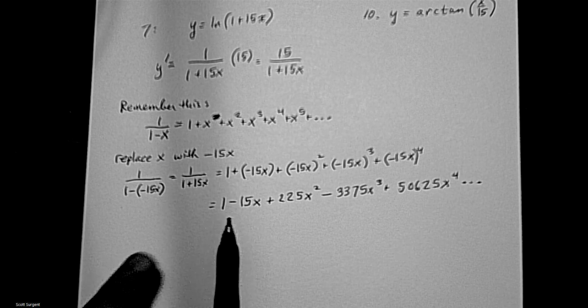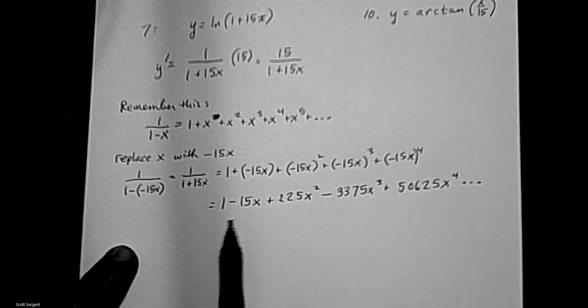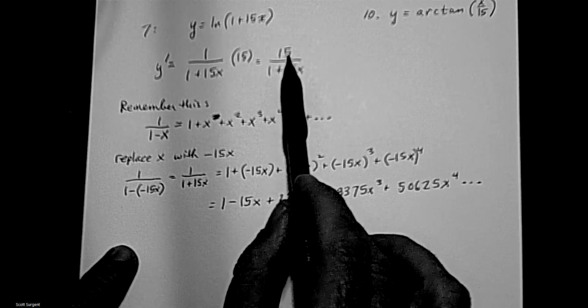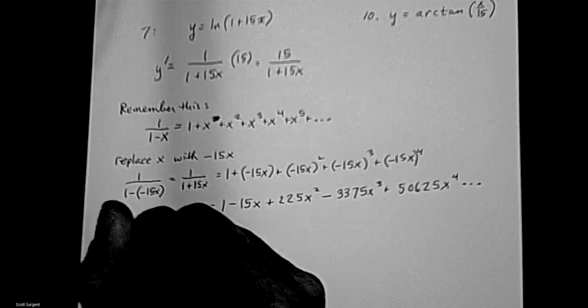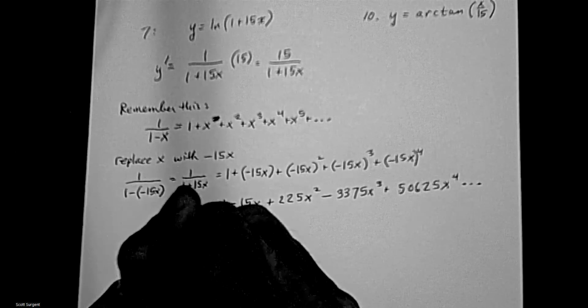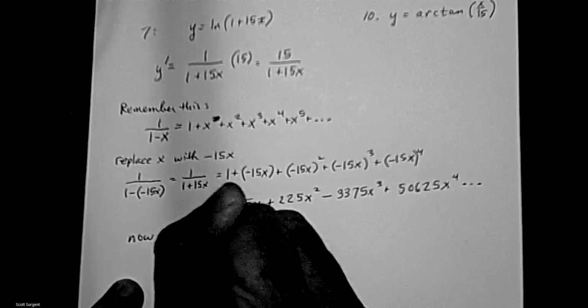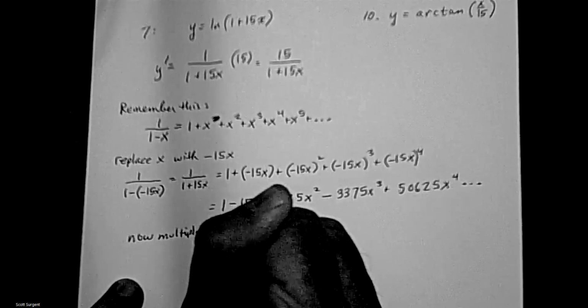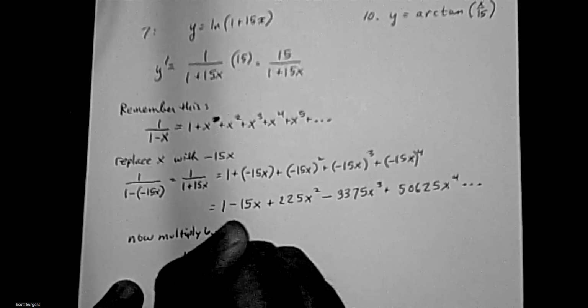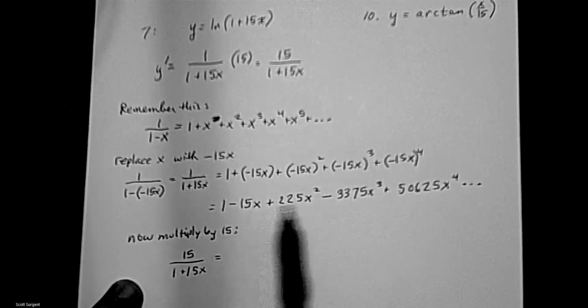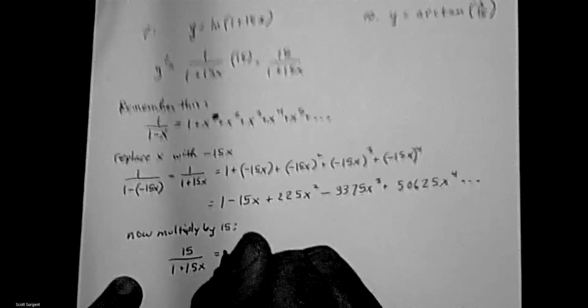Now, one last thing, we're not done. This is actually the pattern for 1 over 1 plus 15x. I want the 15 there. So all I'm going to do is multiply by 15. That simply tacks on an extra factor of 15 to all of the terms here. So this becomes 15.